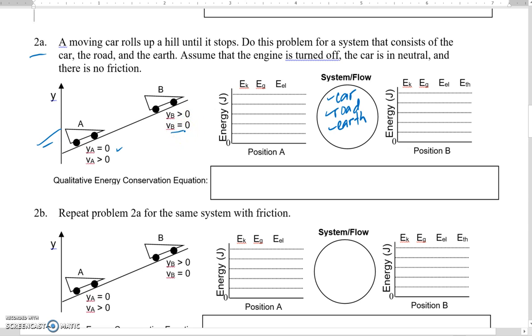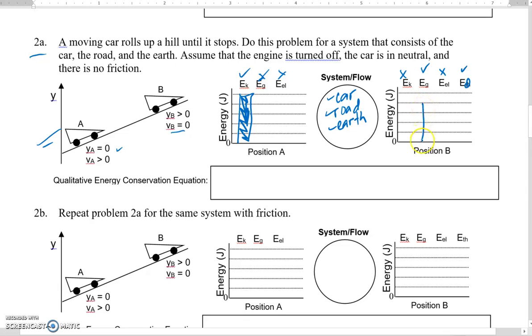So analyzing this, in the beginning it has kinetic energy. It does not have any gravitational, and there's no springs or flexible material. So it's 100% kinetic energy. And situation B, it is not moving, but it is elevated, and there's still no elastic material, but there is going to be dissipated energy.